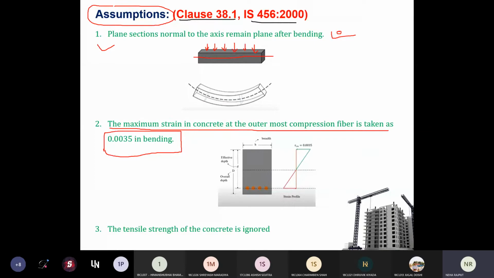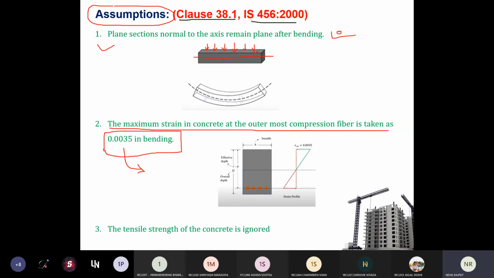What is strain? Strain is a change in length, meaning the particles are getting some stresses so that they can have a change in length, or the strain value. But as concrete is not that elastic a material, strain is restricted to this point, 0.0035.